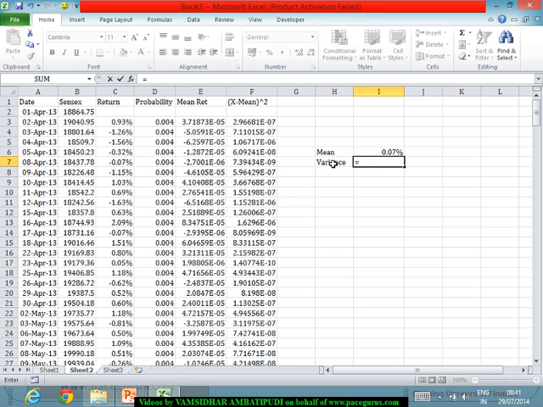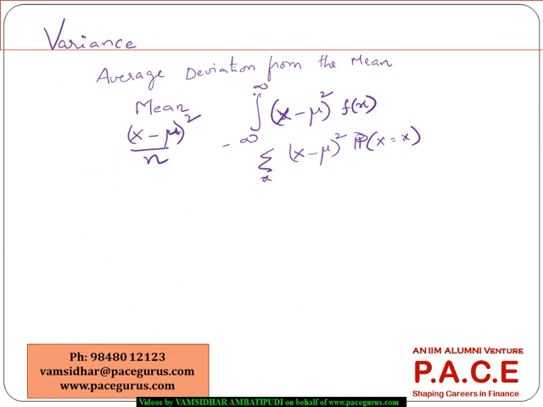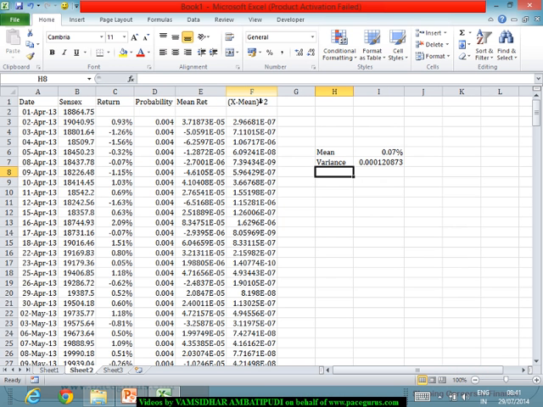The variance is given by the summation of all the (x minus mean) whole squares, or probably integrating it over minus infinity to infinity if I'm looking at a continuous kind of function.